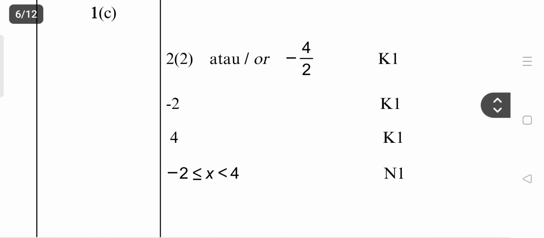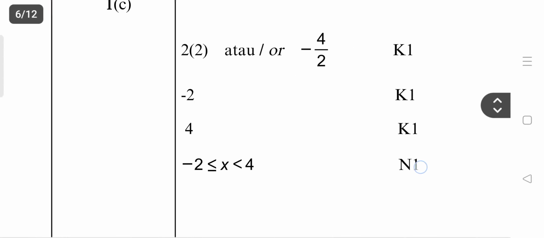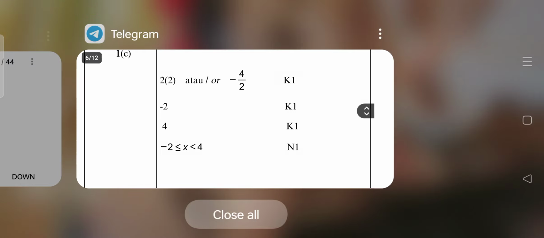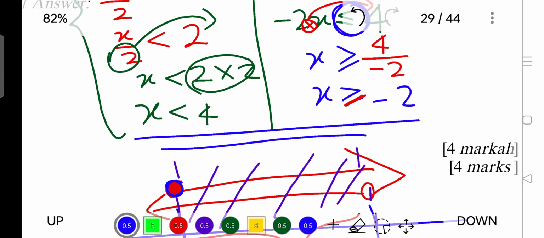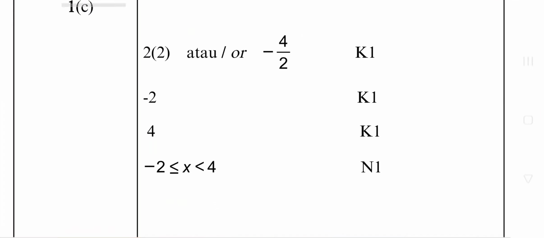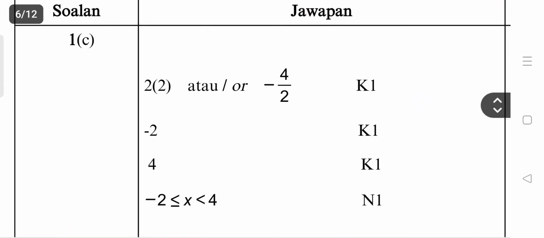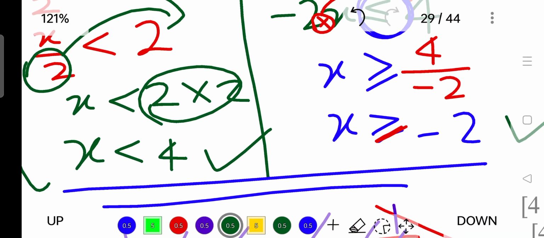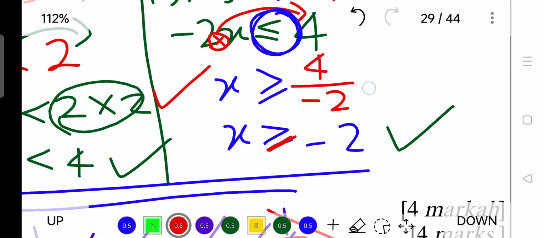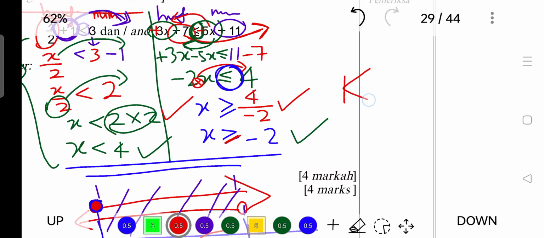All right, with this, let's look at the answer and how the marks are given to you. The working method, the final answer, you get 1. Before that we have negative 2 and 4, right? This 4 and this negative 2 actually carry 1 mark, K1 and K1. Even before that, at the first step, when teacher sees this, you get 1 mark together.